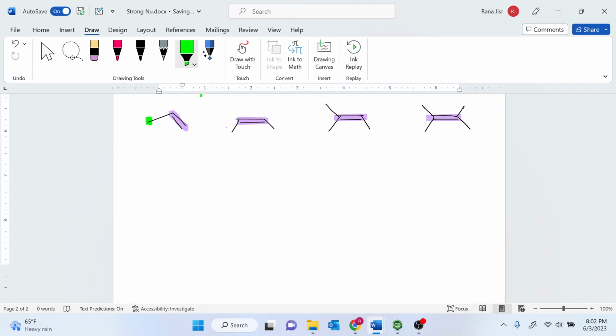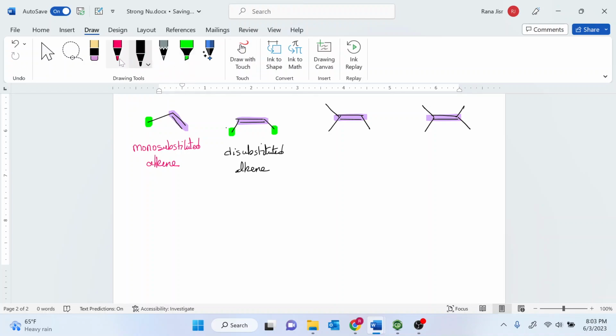If you have one carbon connected to the alkene, this is called a monosubstituted alkene. If you have two R groups connected to the alkene, this is called a disubstituted alkene.